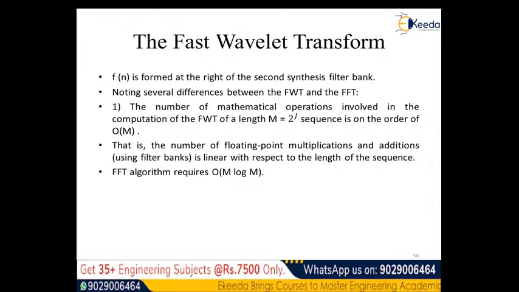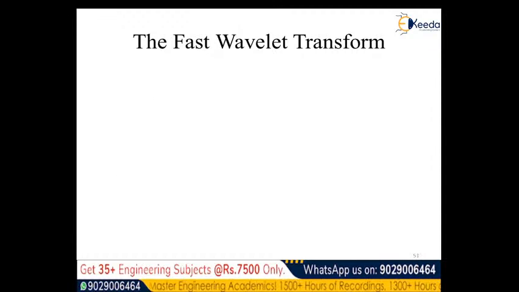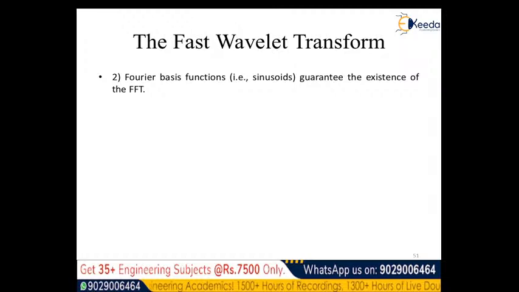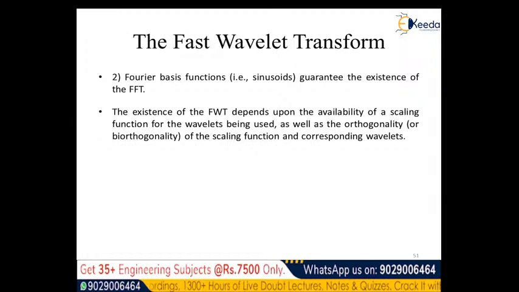The second point is with respect to the basis functions. For the Fourier type, the basis functions are of sinusoidal shape that guarantee the existence of the fast Fourier transformation, whereas the existence of the fast wavelet transformation depends upon the availability of the scaling function for the wavelets being utilized, as well as the orthogonality or bi-orthogonality of the scaling function and the corresponding wavelets.